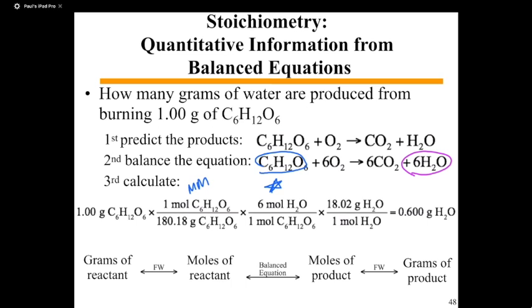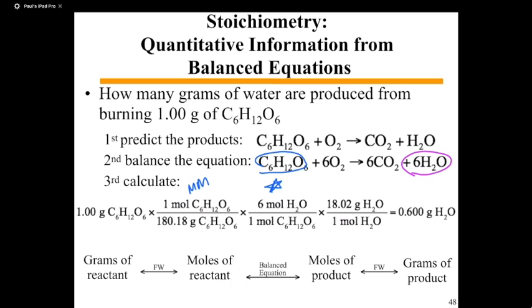For every 1 mole of the glucose, I'm going to produce 6 moles of the water. You take a ratio from the balanced equation. This number, coefficient 1, goes to 6 of those. That's the key to being able to transition from one thing to another in a balanced equation. And so I've gone from something A to something B.